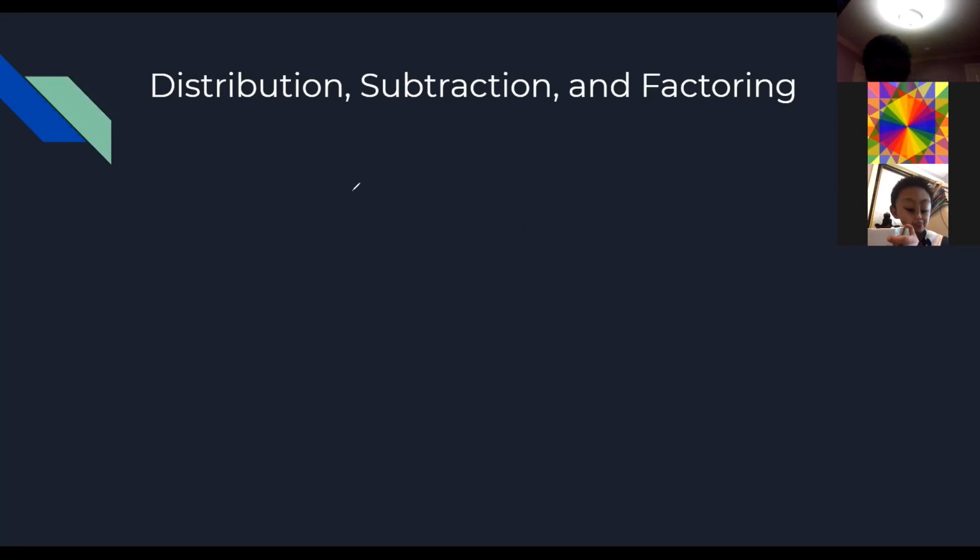So by the same token of what we did before, let's say parentheses 3x plus 7 multiplied by parentheses 5x plus 9, we could distribute this.